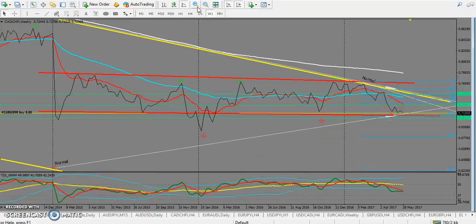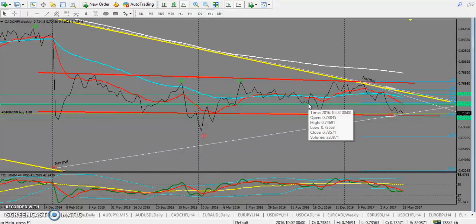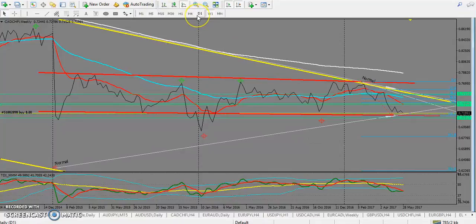It doesn't go far back. And because this is where the channel is, and there are multiple touches too, I'll mark this as a stronger point as well.